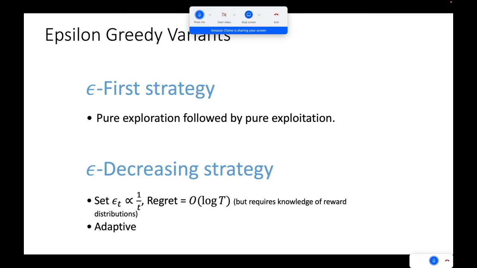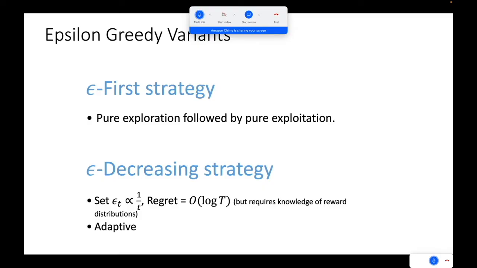Or you could reduce epsilon, which we saw in the previous slide, in a certain way, which will minimize unnecessary exploration, because there is also a cost for exploration.